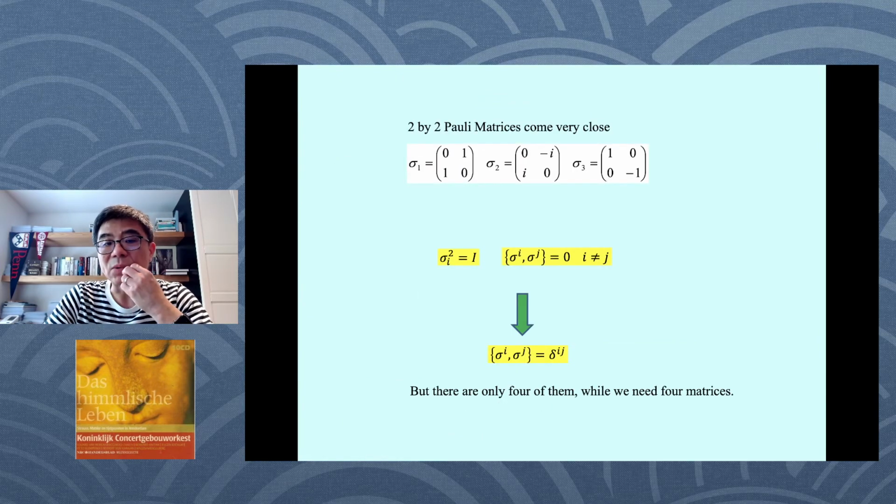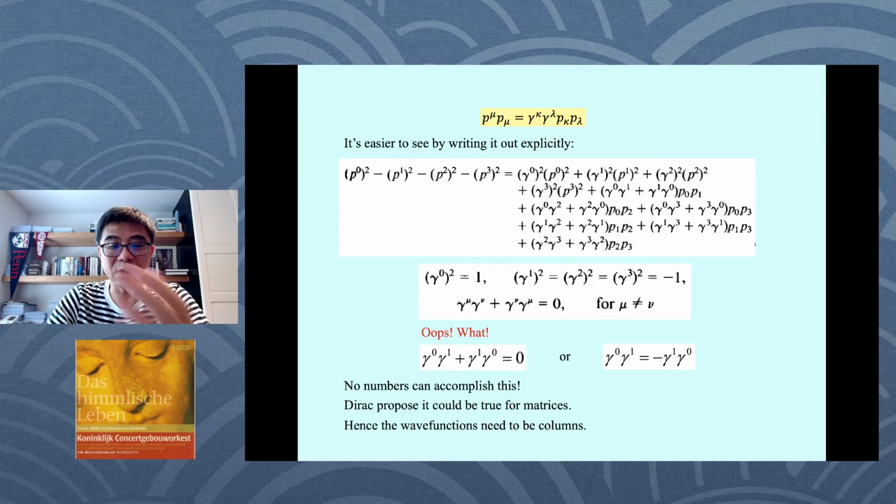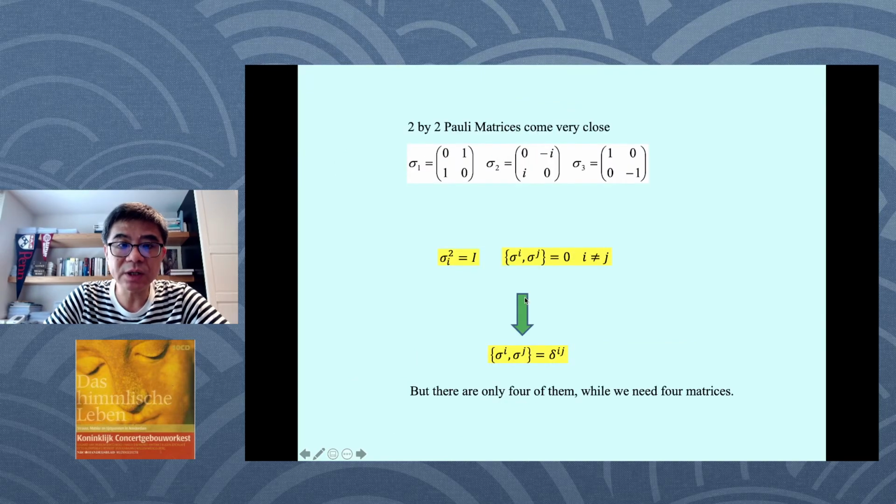Okay, so what kind of matrix could accomplish this by giving you gamma mu, gamma nu anti-commuting? Actually, it's not hard, because for 2 by 2, the Pauli matrices come very, very close. Pauli matrices are these three matrices we always use for the spinor property of the electron.